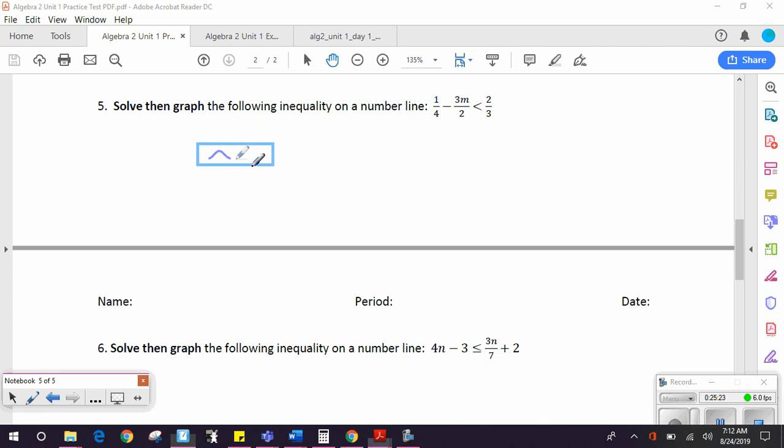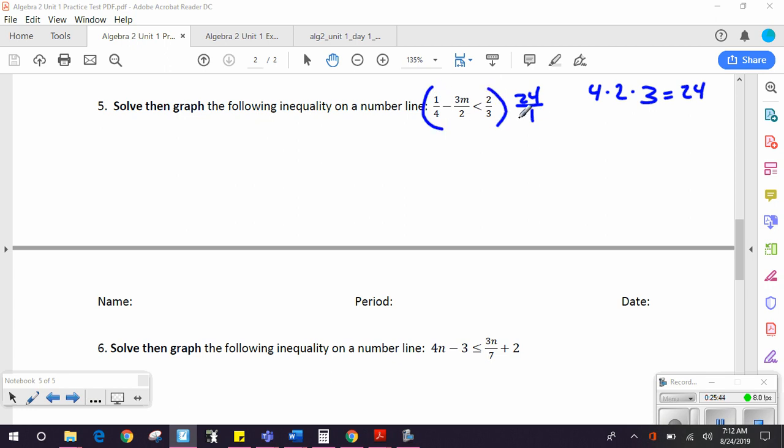So my denominators are 4, 2, and 3. When I multiply those, that's 4 times 2, 8. 8 times 3, 24. Take 24, put it over 1, and multiply it with the entire inequality.